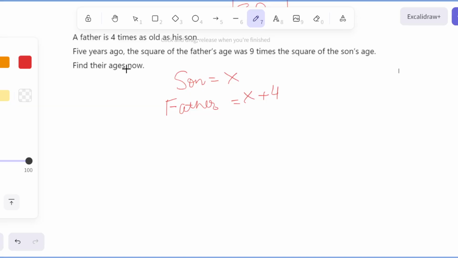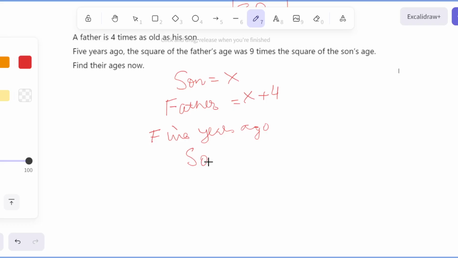5 years ago means if you take it backwards, what was the scenario? 5 years ago, what will be the ages?